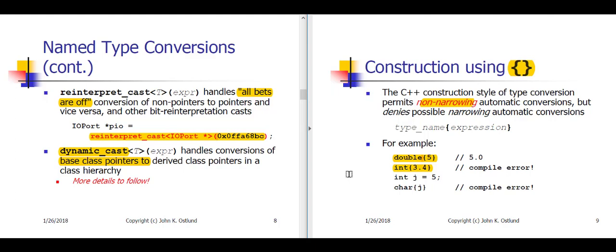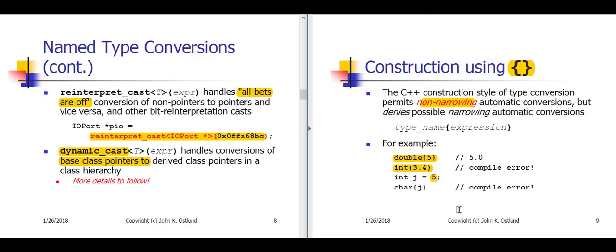So in other words, the curly braces can be used to perform guaranteed value-preserving conversions. That is, from little types up to bigger types, not from bigger types down to little types. In this final example, you might argue, well, 5 stored in an int can fit into a char perfectly fine, but the curly brace type conversion does not consider the current value of j.